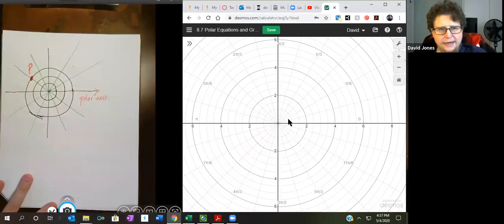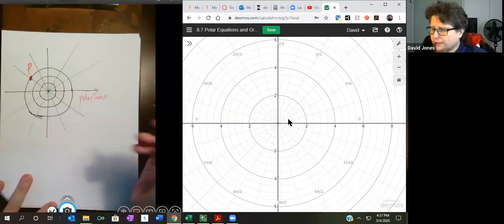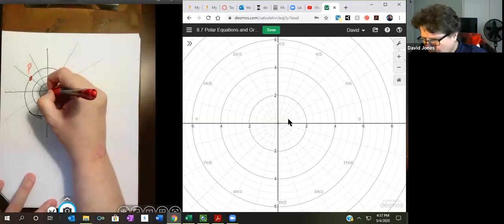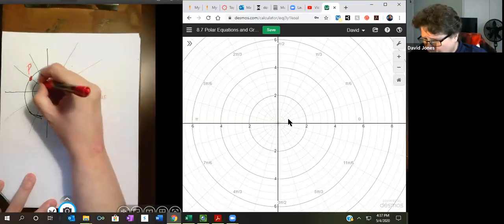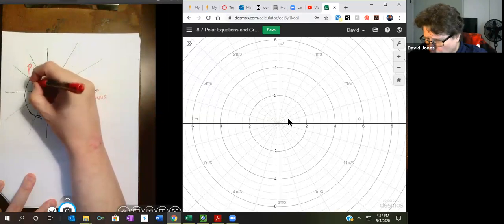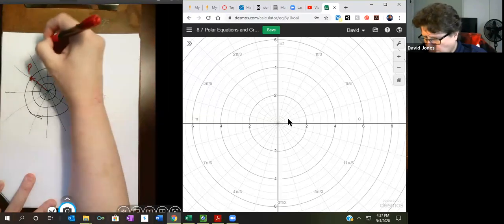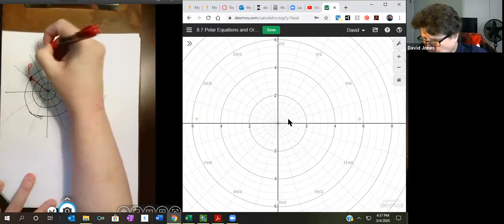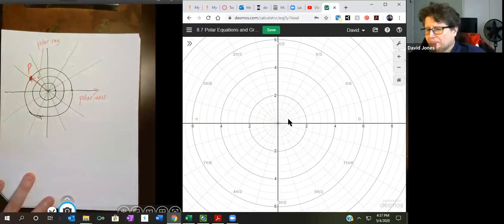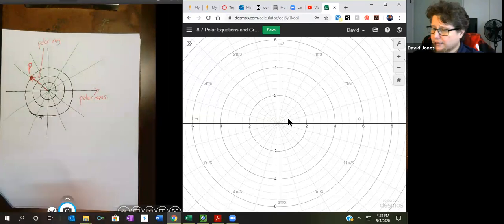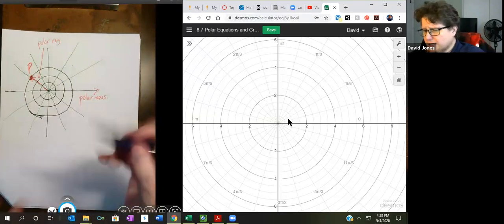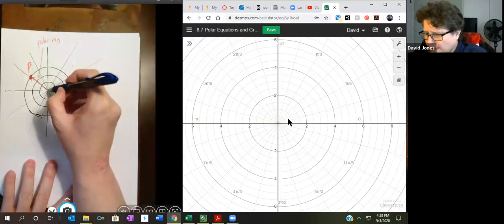Now in the rectangular coordinate system, this has a very fixed value. In the polar coordinate system, I'm going to have a line going from the center to it, and this is called the polar ray. Okay. How can I describe P in polar coordinates? Well, the first thing I do is ask, how many rings did I sweep outwards?